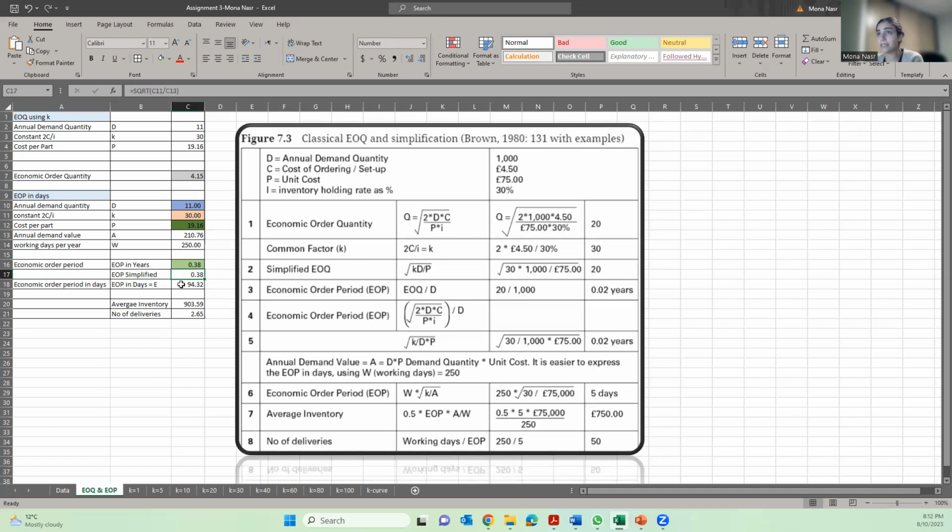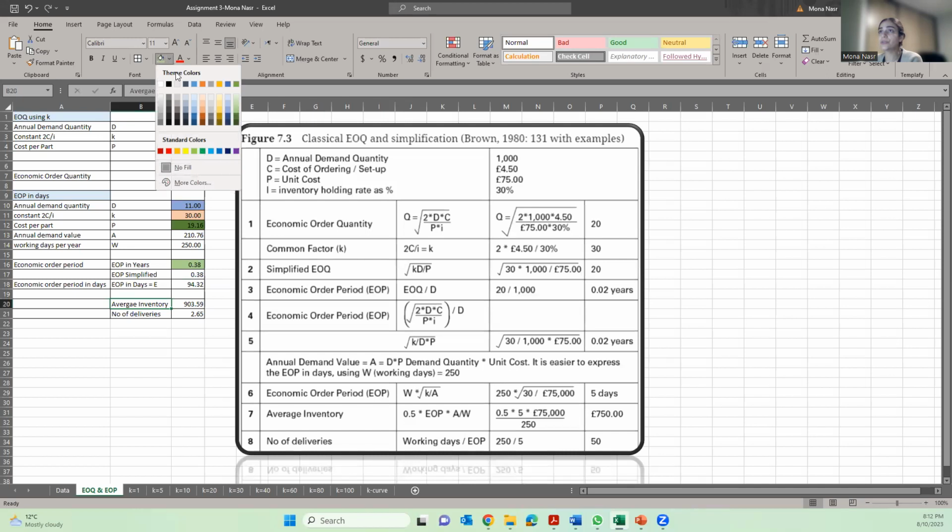After that, we calculate EOP in days, which is working days times the square root of K divided by A. It's going to be 250 times the square root of 30 divided by 210.76, which is 94.32.